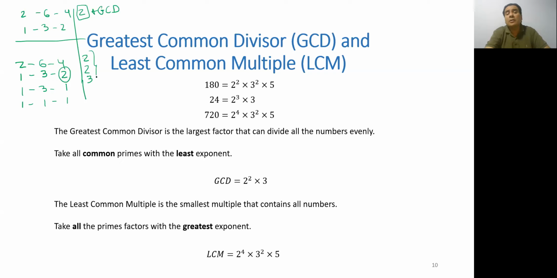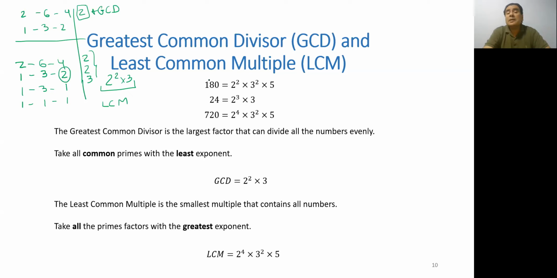Now I have all these factors here, which is 2 squared times 3. And that is our LCM, the least common multiple. So the greatest common divisor is the common divisor among several numbers that is the biggest possible, the largest factor that can divide all the numbers evenly. And the least common multiple is the smallest multiple that contains all the numbers.